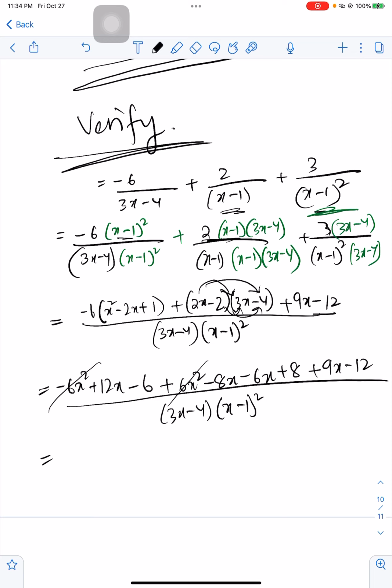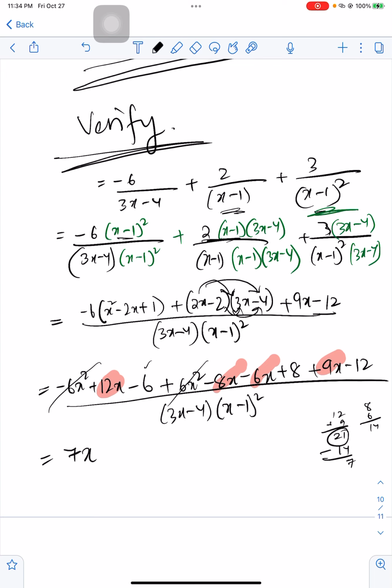So you have 12 and 9 is 21. So you have here 12, 8 and 6 is 14. So you have 7, so 7x.